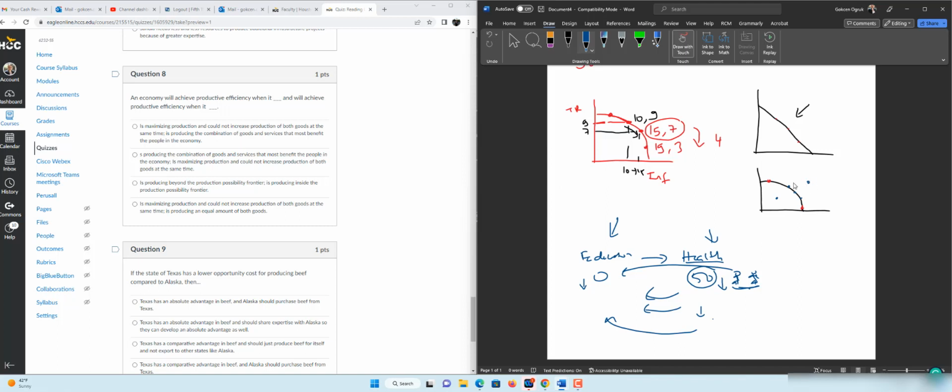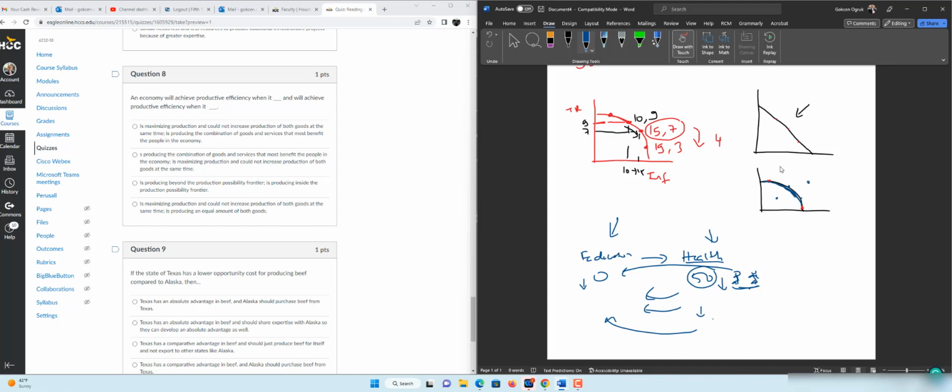And allocative efficiency, this is a wrong question, I think. One of them should be productive efficiency. The other one should be allocative efficiency, which is when you find the best combination, a point on the production possibility frontier that meets the needs of the society.